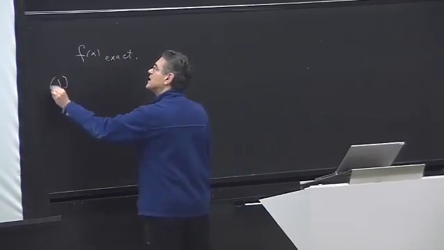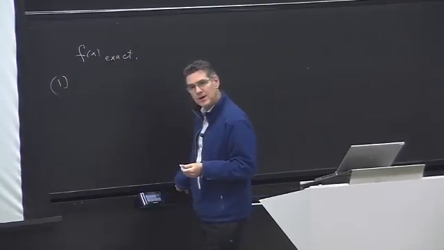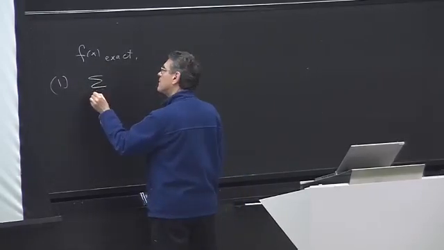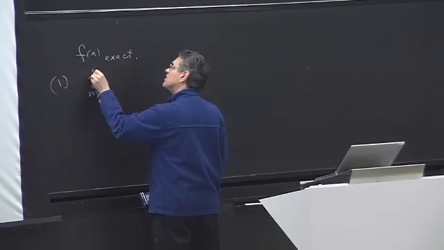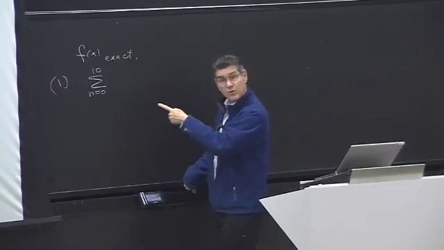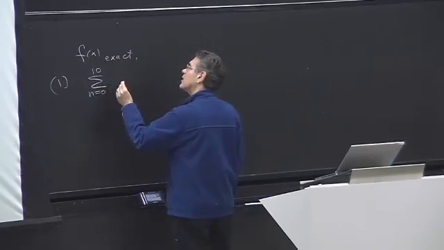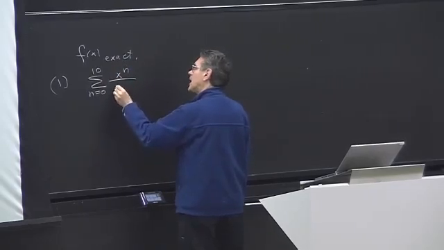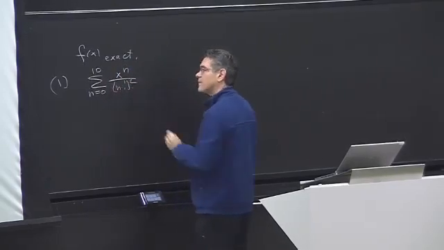The first thing is, let's make a plot of the sum from n equals 0 to 10. That's 10 terms in the Taylor series, x to the n over n factorial squared.